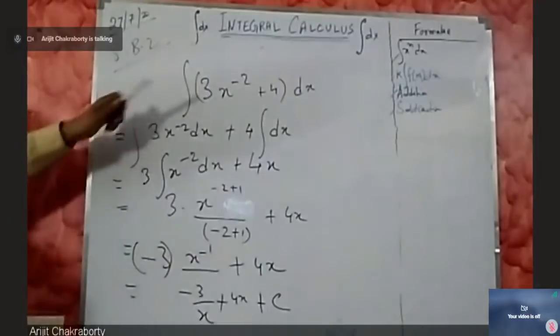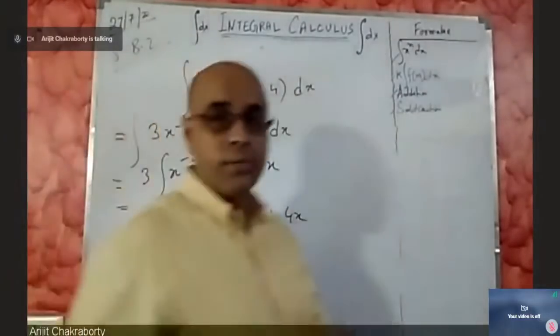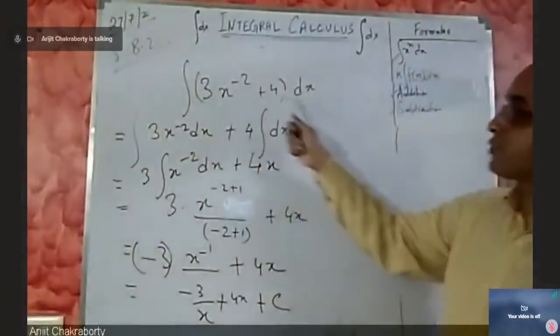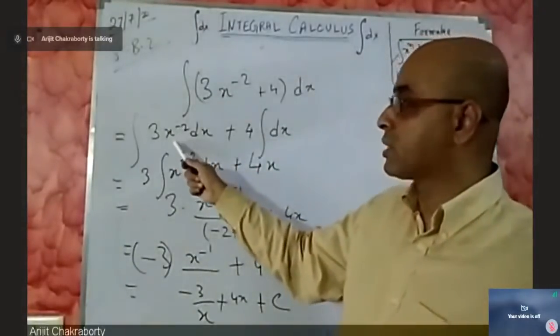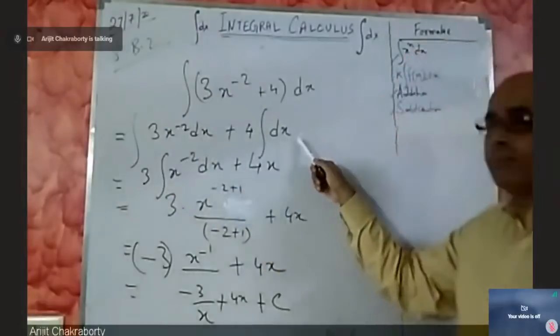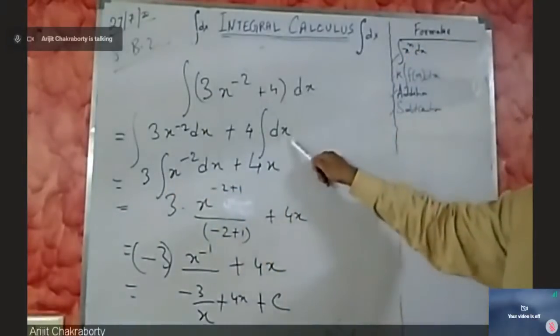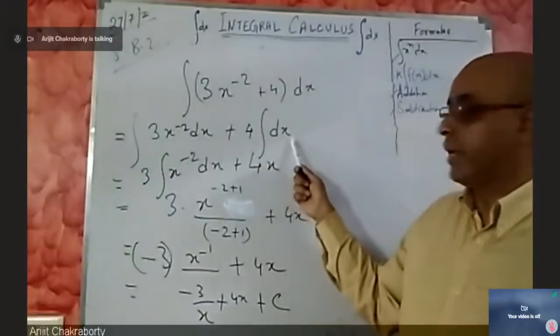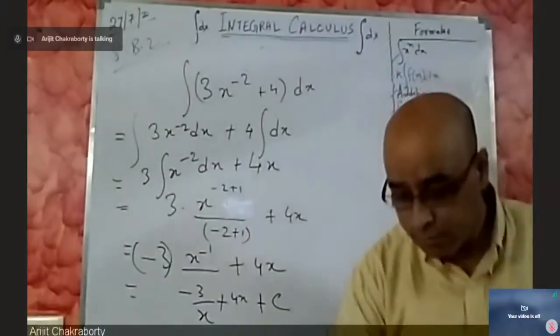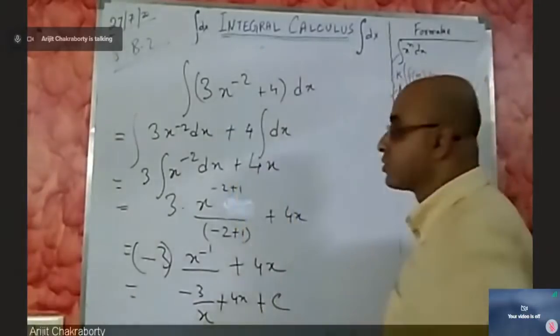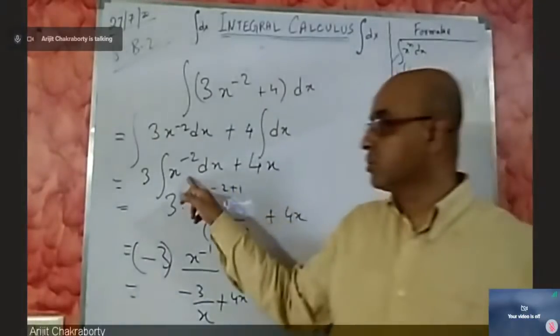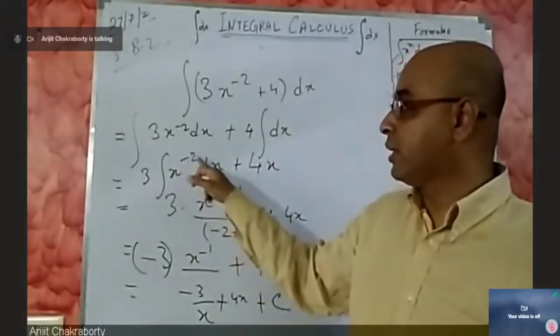Okay, so in this case we used the addition formula because we have two expressions. So we are integrating 3x to the power minus 2 dx first, and then we are integrating 4 dx. Okay, 4 dx means we use the constant multiplier rule. We bring out the 4 outside the integration sign, and now we use 3 into x to the power minus 2 dx.